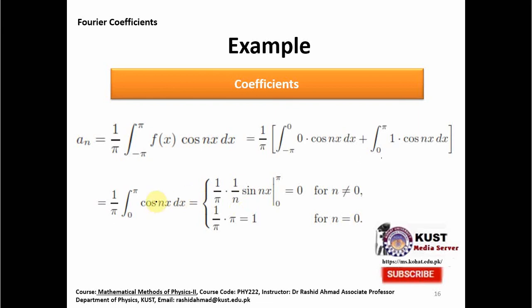You know the integral of cos is sine, and then you put the limits in and you get 0. But if you have n equal to 0, then you get 1. So we get a naught, when n is equal to 0, equal to 1, and all other Fourier coefficients a_n are equal to 0, because we knew the general formula, we just calculated the integral, and from that integral we got the values of a naught and a_n.